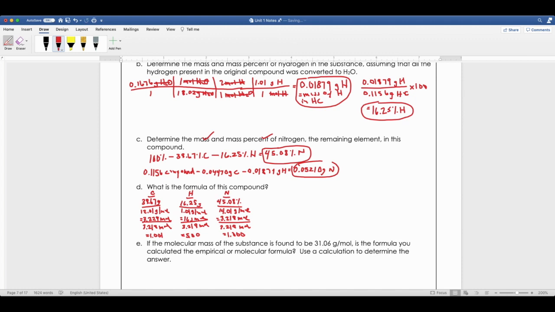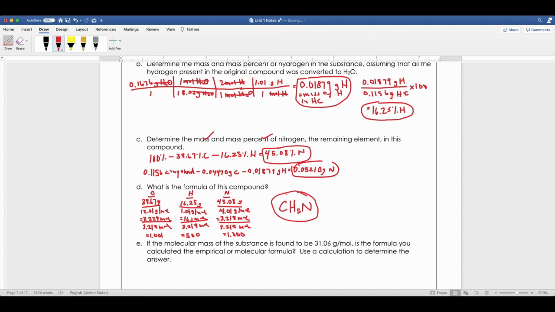This should be 45.08. And actually, I still wrote that as a percent. Doesn't matter, but I'm just going to change that to grams so we're consistent. I accidentally wrote 14.01 there the first time, just as the molar mass for nitrogen. Here are my values. I got 1.001, which is 1, very, very close. 5 hydrogens and 1 nitrogen. I don't have to multiply anything because I have all whole numbers, so that works out wonderfully. That's my empirical formula for this compound.